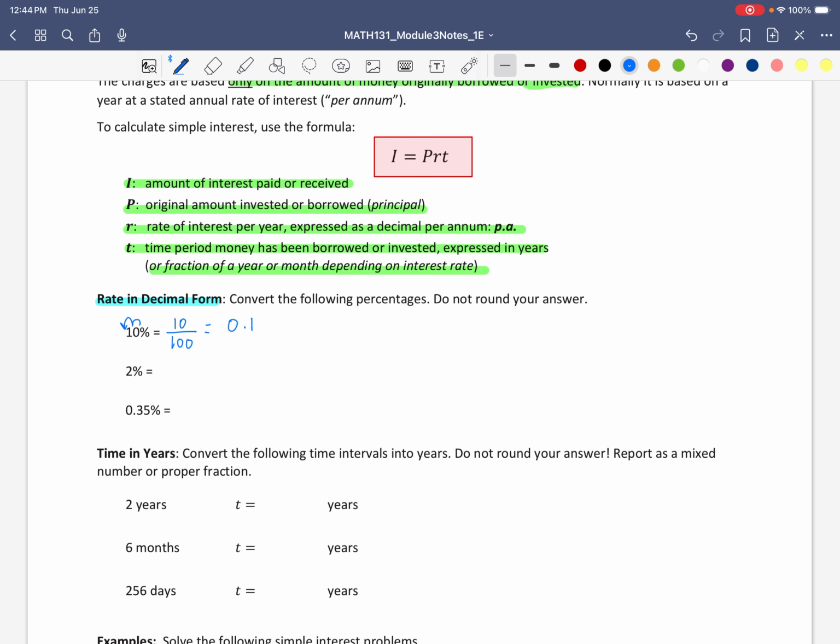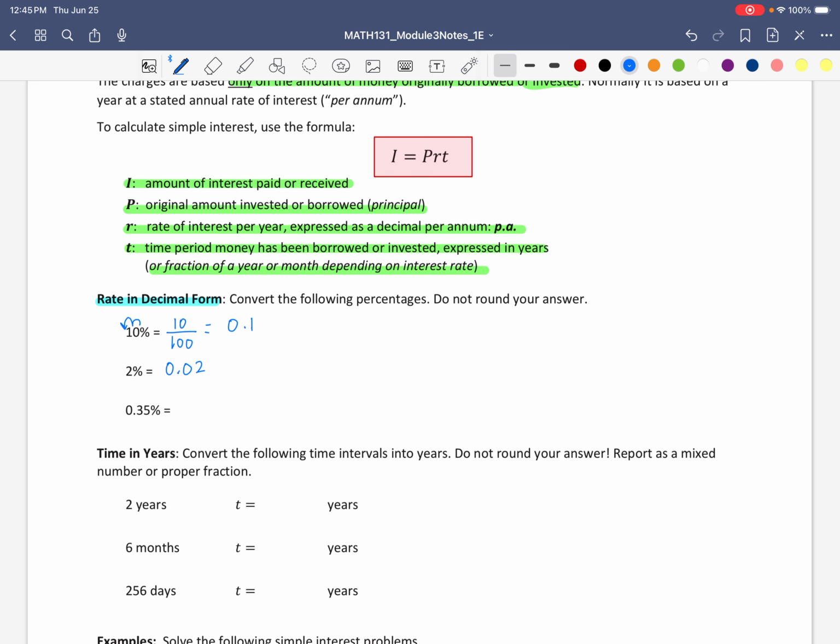All right, next percent is 2%. So following that same idea, either moving the decimal place 2 spots to the left or simply dividing by 100, you should get the decimal of 0.02. And then for 0.35%, please remember you can have decimals that are also percentages, but to convert it to decimal, we still have to take that percentage and again divide it by 100.